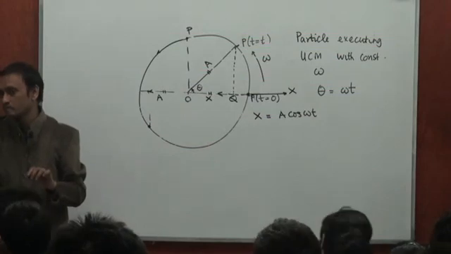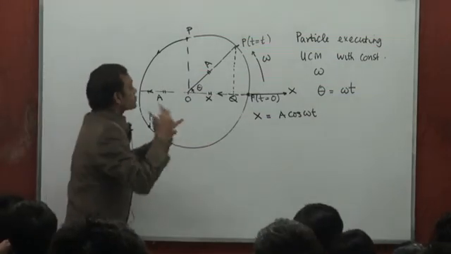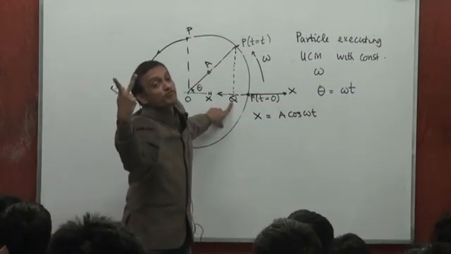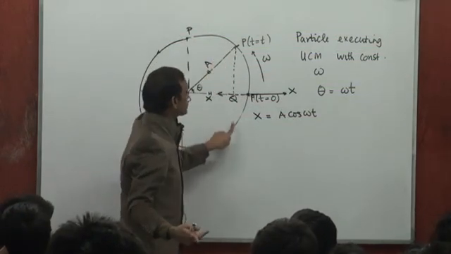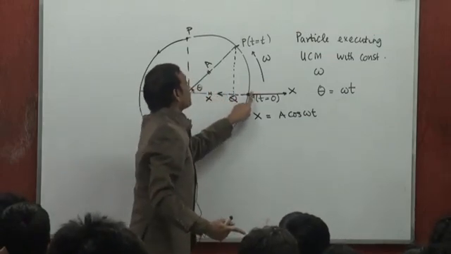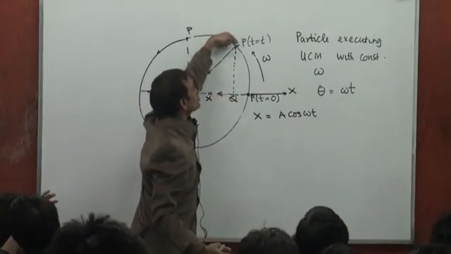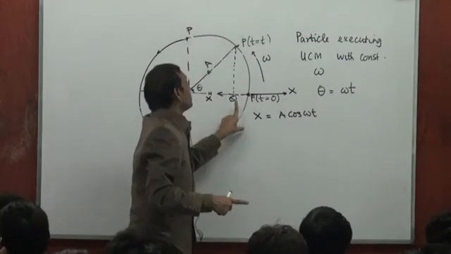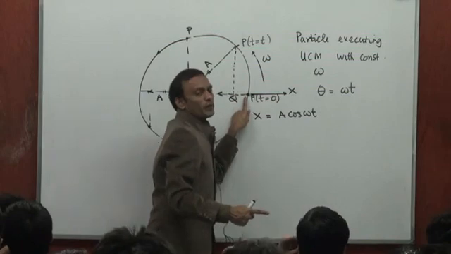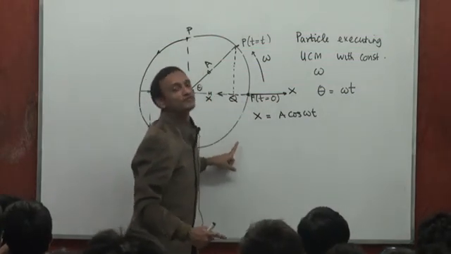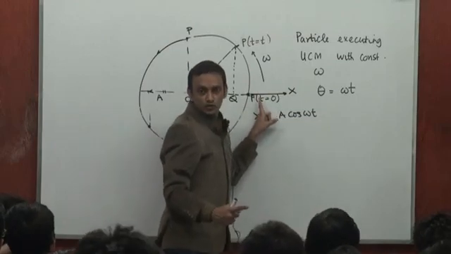In fact, for every position of Q, you can think of two positions of P, one on the upper half of the circle, the other on the lower half. So, when Q is moving from right to left, we associate the corresponding point P on the upper half of the circle. But in the event Q is moving from left to right, the corresponding point will be on the lower half of the circle, heading in this direction.